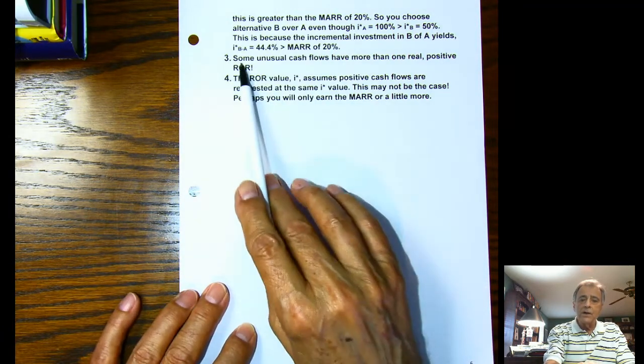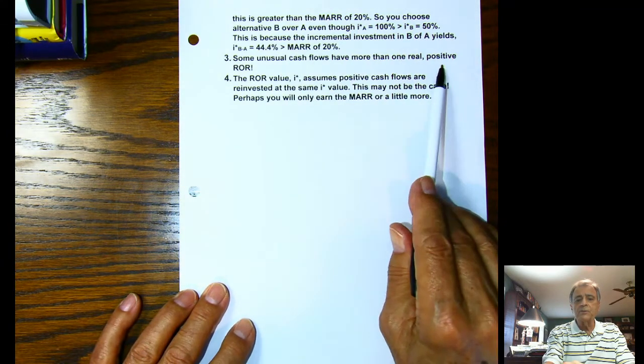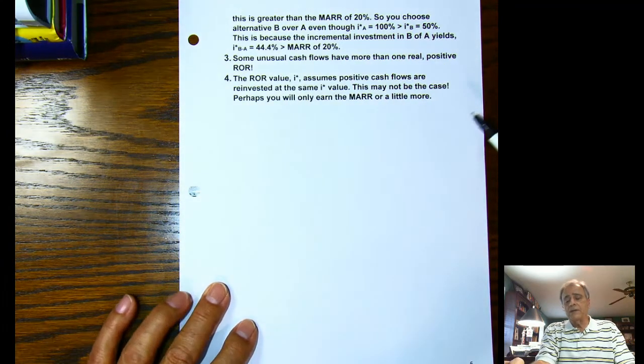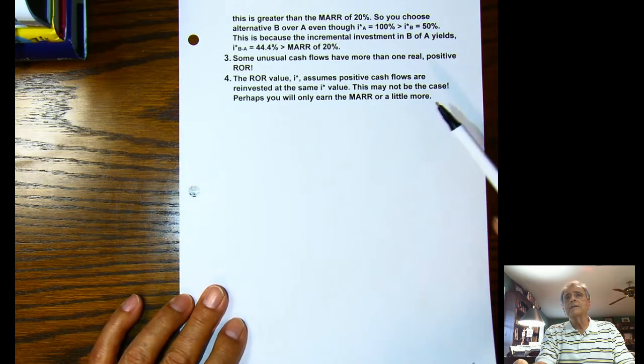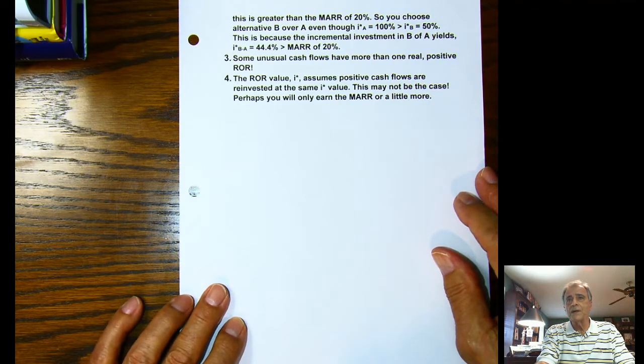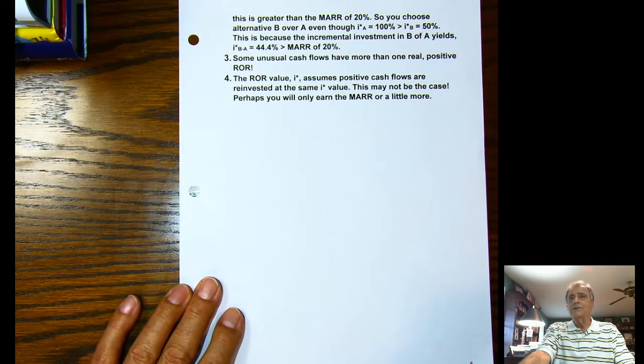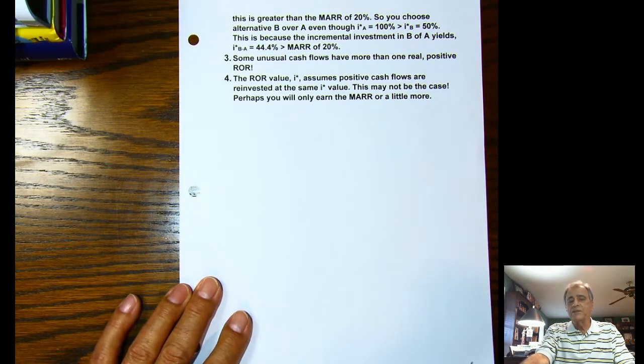The third caution that the author gives you is that the cash flows have more than one real positive rate of return. Now, generally speaking, that's not the case. Most cash flows have only one rate of return that solves the equation present worth equals zero. But there are some weird cash flows out there, and those can have multiple rates. It's generally when the sign of the cash flow changes several times.